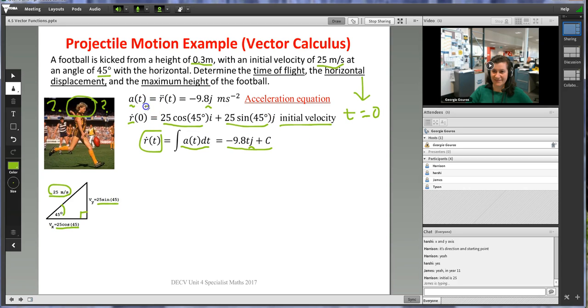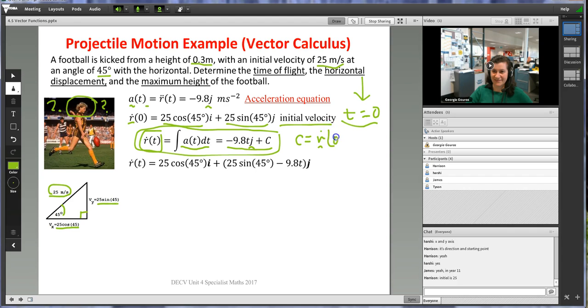Yes, we have information at t equals 0. So this is our velocity vector with respect to time, by taking the antiderivative of the acceleration vector. Now at t equals 0, we have an initial condition. Substituting that in, c is equal to the initial velocity vector, and it's been incorporated here.